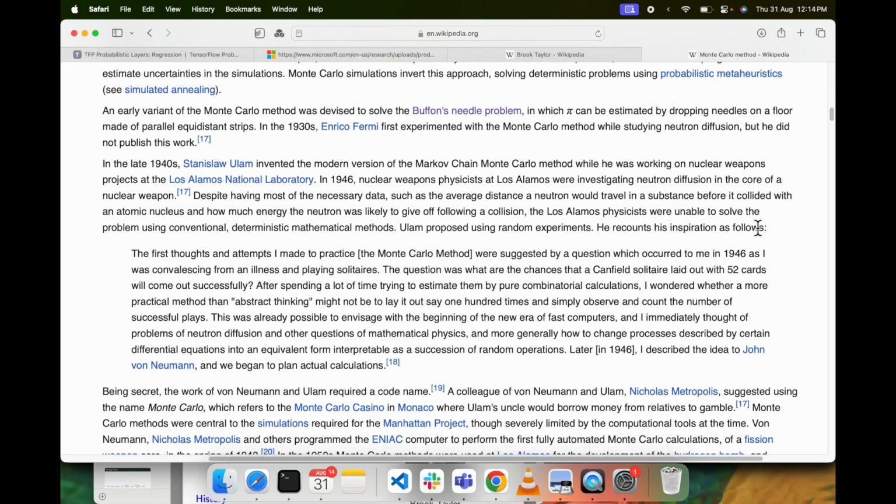In the 1940s, Stanislaw Ulam invented the modern version of Monte Carlo, Markov chain Monte Carlo. Enrico Fermi. Does anyone remember where you might have heard Fermi? There are particles known as fermions, right? Fermi was also involved in the Los Alamos National Laboratory in the Manhattan Project for the atom bomb. Ulam was also there, so they were looking at neutrons, diffusion, etc. John von Neumann, right?